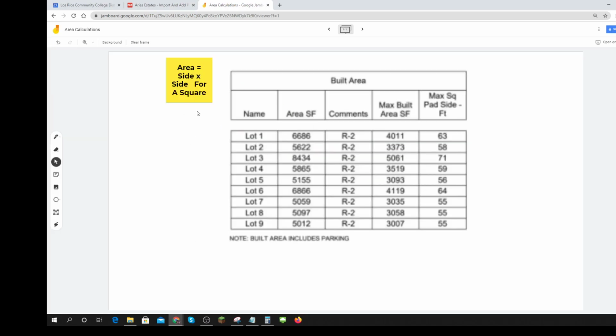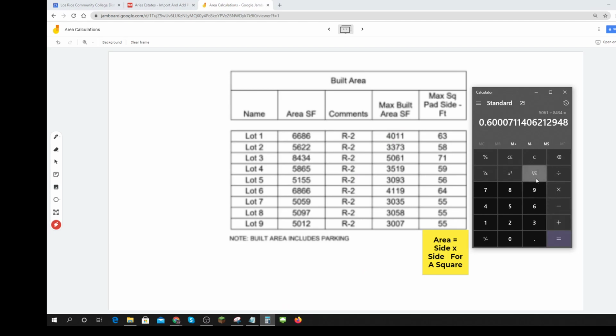So I know that. Side times side, so long as it's a square. So I need two numbers that I multiply together to make this. Okay? Well, calculators have that. It's called the square root.